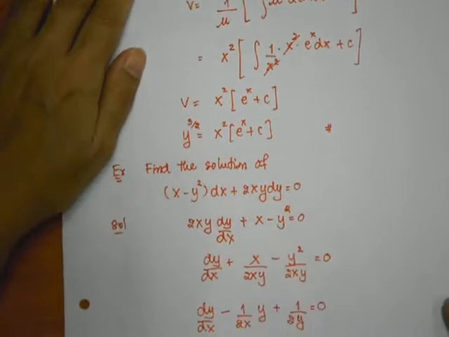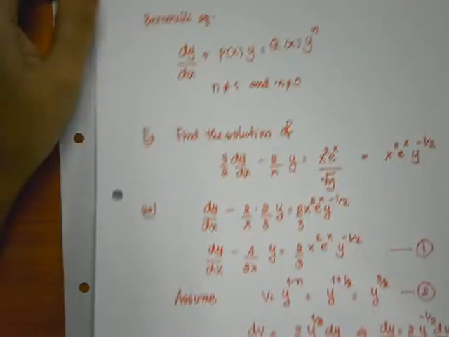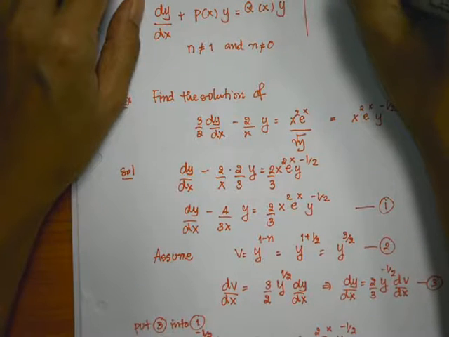What do you think it should be? In general, when you write the equation, Bernoulli looks like this, linear looks like this.